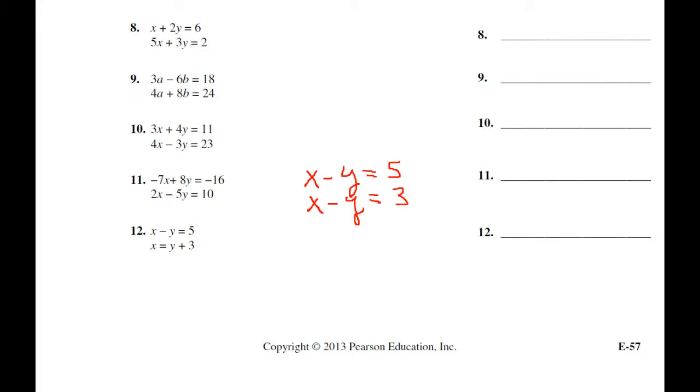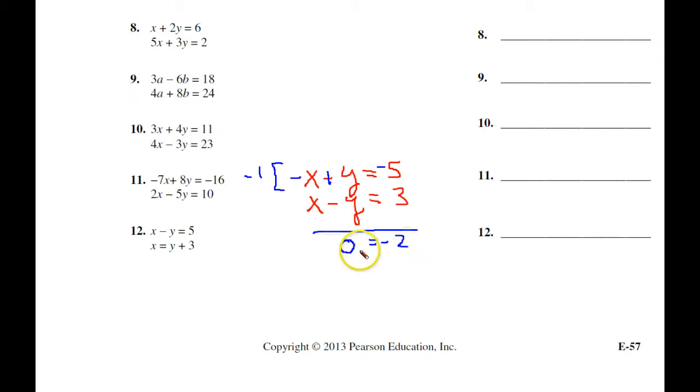But if I change these signs by multiplying here everything by a negative 1, this becomes a negative, this becomes a positive, and this becomes a negative. And now look what happens. Here the x's cancel out, the y's cancel out, and I get 0 on this side equals a negative 2.